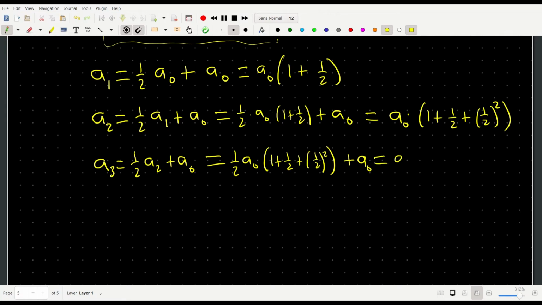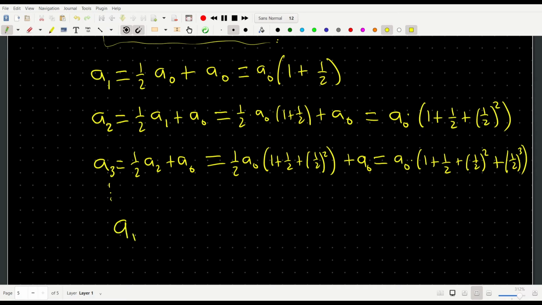And so this is equal to a_0 times (1 plus 1/2), because 1/2 times 1 is 1/2, 1/2 times 1/2 is 1/2 squared, and then 1/2 times 1/2 squared is 1/2 cubed. And so hopefully you're seeing the pattern here.